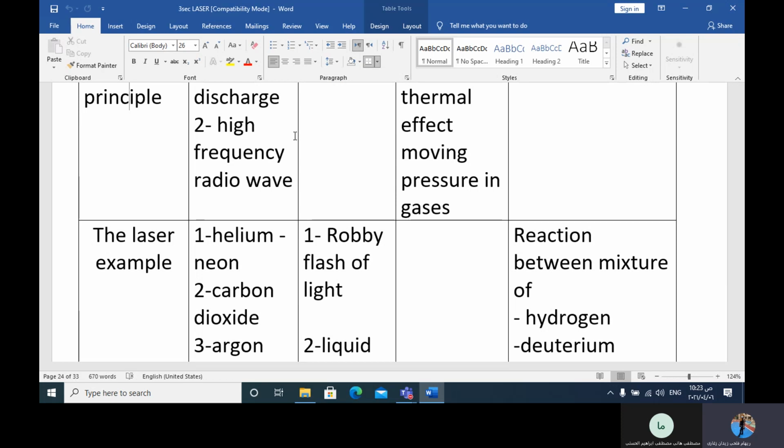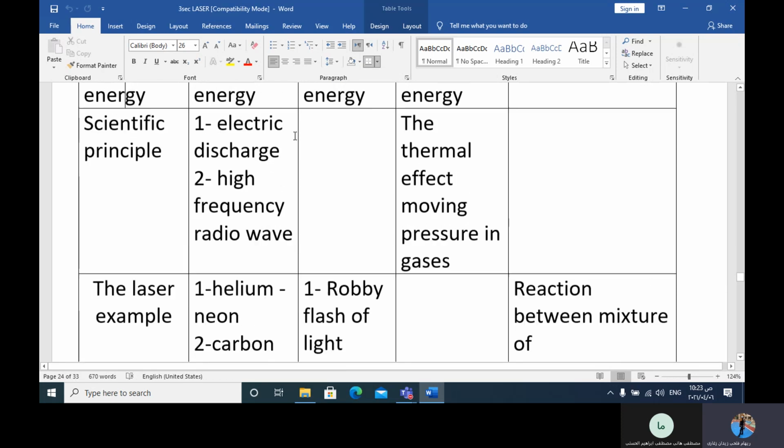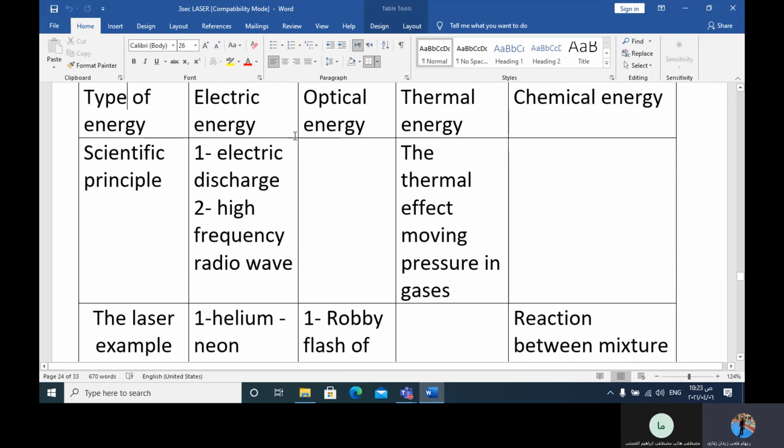Now, this is about how to use electric energy to produce laser. Another source of energy that can also trigger the atoms to produce laser is the optical.